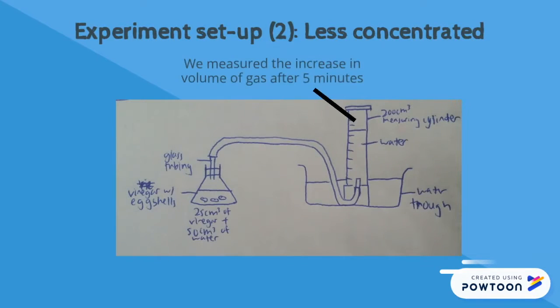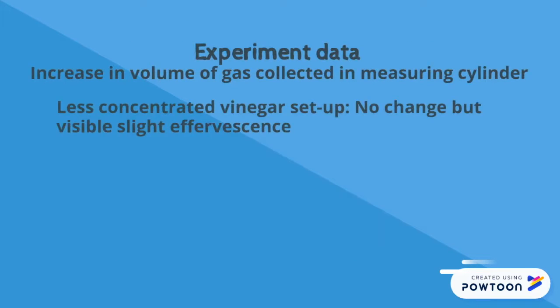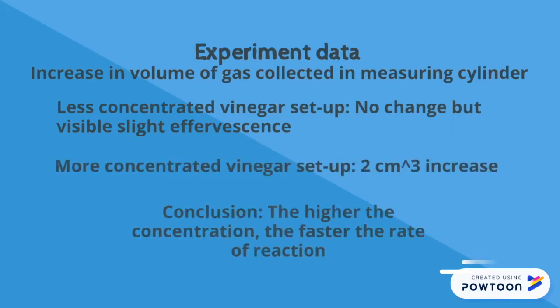Our experiment setup for the less concentrated vinegar solution is as shown in the picture above. In the less concentrated vinegar setup, no change was observed, but there was visible slight effervescence. For the more concentrated vinegar setup, there was an increase of 2 cm3 of gas. So the conclusion is the higher the concentration, the faster the rate of reaction.